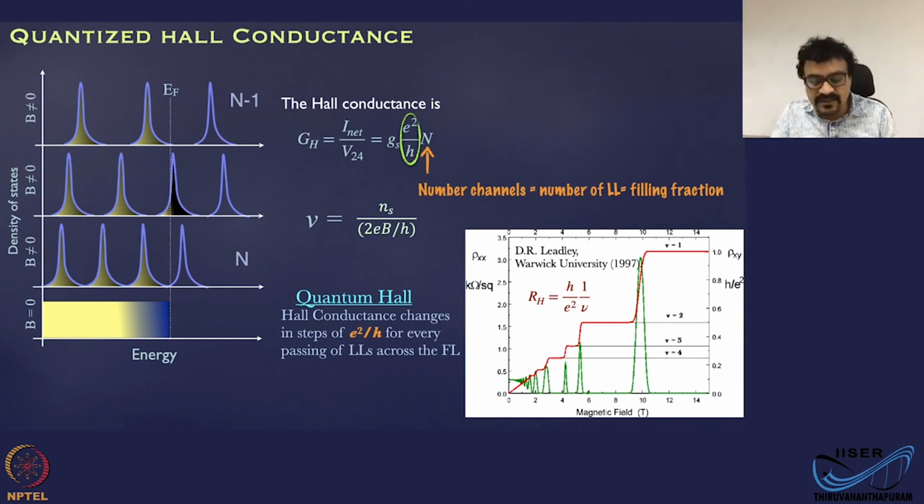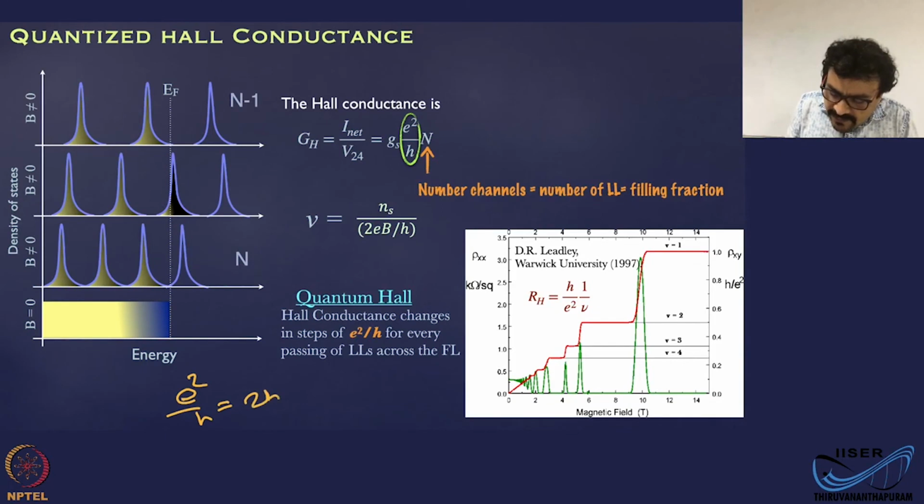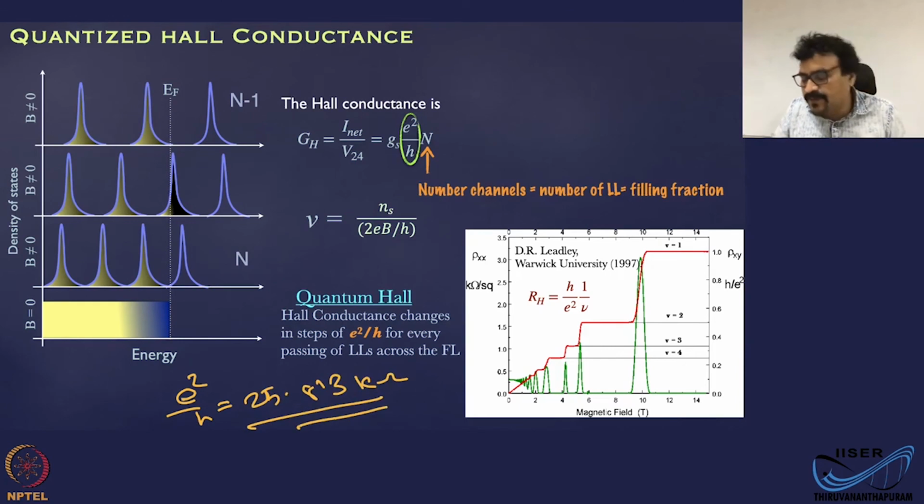Now the moment this is crossed, there is a change, because that is where you are going to change from n number of channels to n plus 1 number of channels. So then suddenly the Hall resistance will jump by h by e square, which is 25.813 kilo ohm. e square by h is the conductance, and h by e square is the resistance.